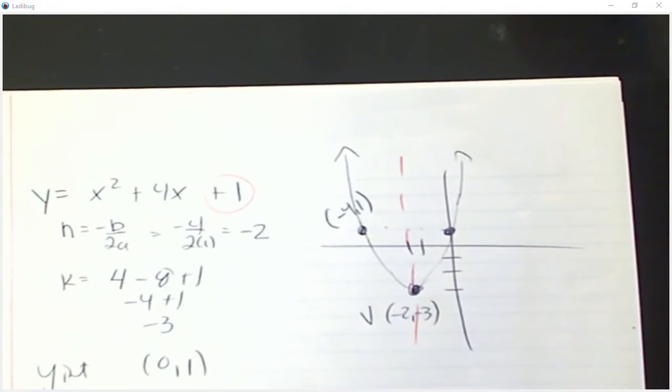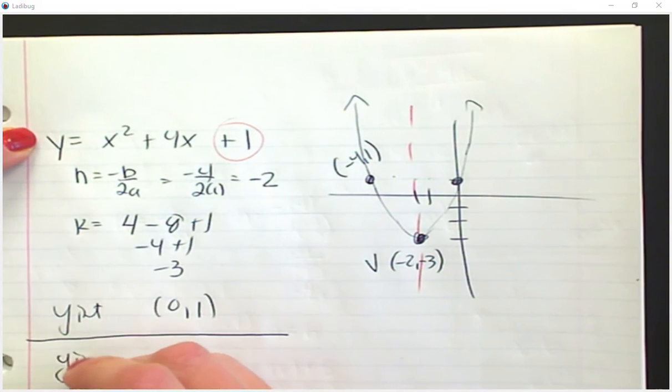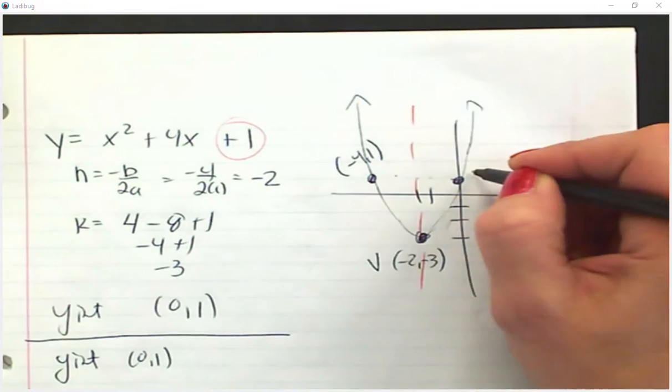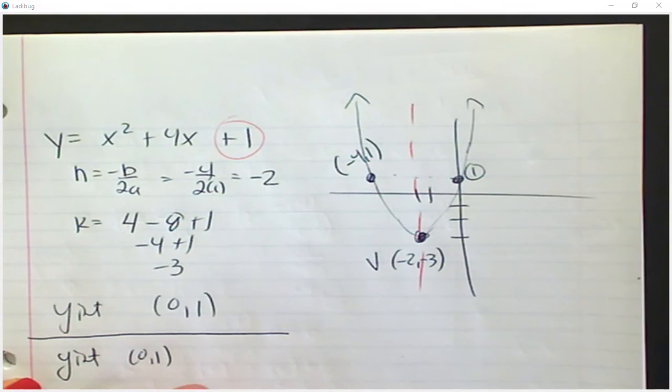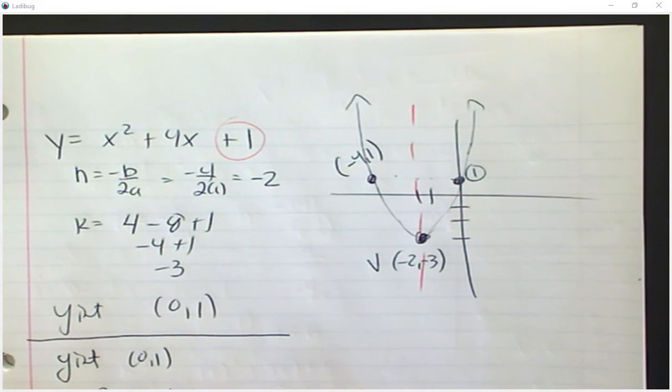Okay, I'll leave that up there a little bit. Oh my god, that's a +4. So the other choice is the y-intercept is 0, 1. I start here, set it equal to 1, and I solve, and I get x plus 4.